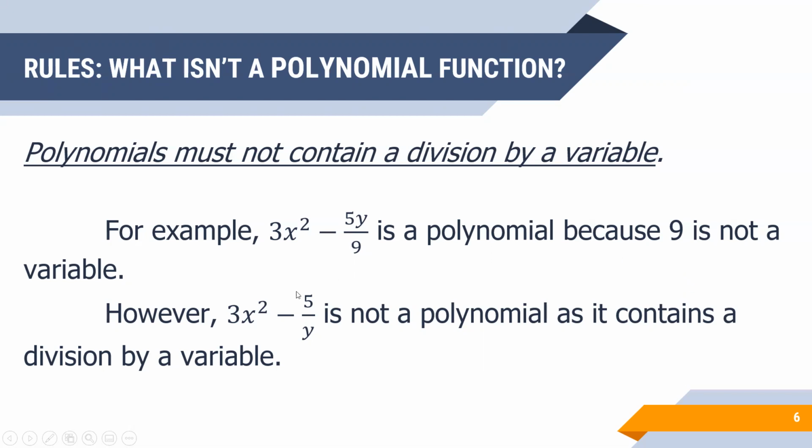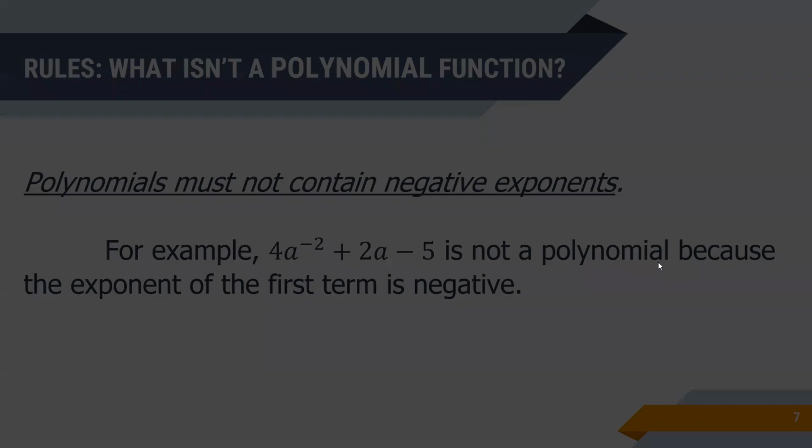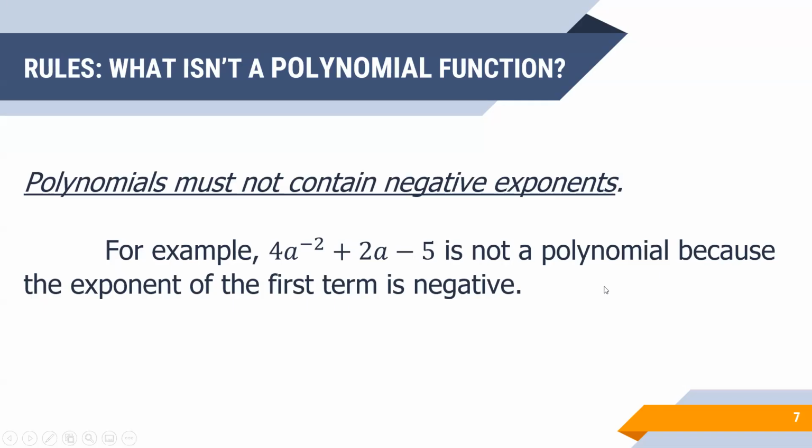Okay po. However, 3x squared minus 5 over y is not an example of a polynomial because it contains a division by a variable, or in other words, meron tayong variable sa denominator. So, ibig sabihin, this is not a polynomial. Right? Next, polynomials must not contain a negative exponent.